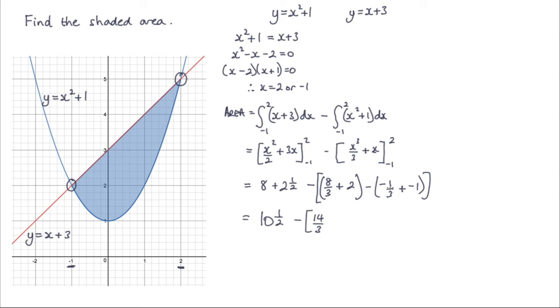So that would give me a plus 4 over 3. So I've got 10.5 minus 18 over 3, which is 10.5 minus 6, which is 4.5.